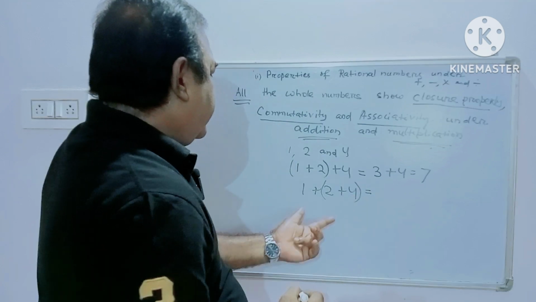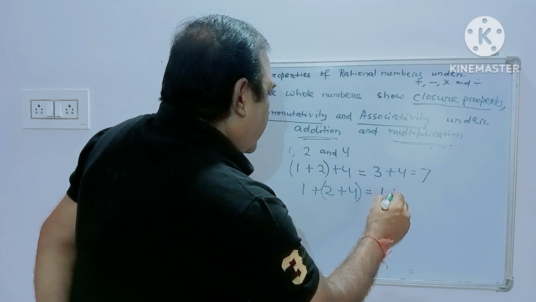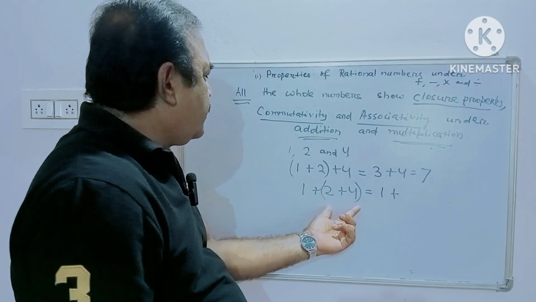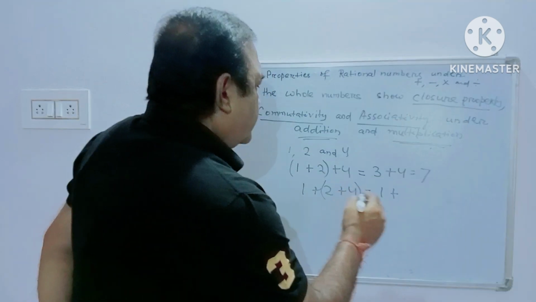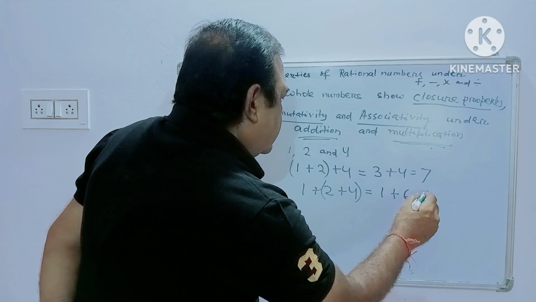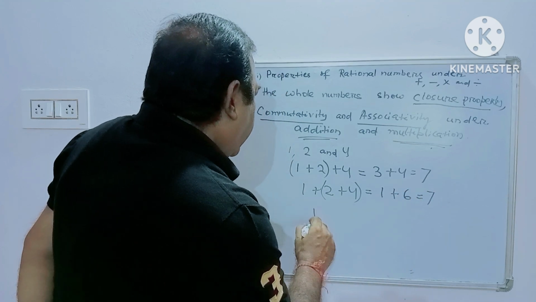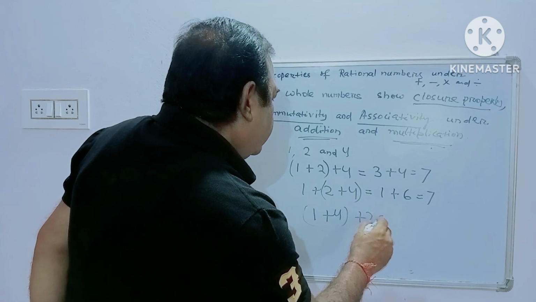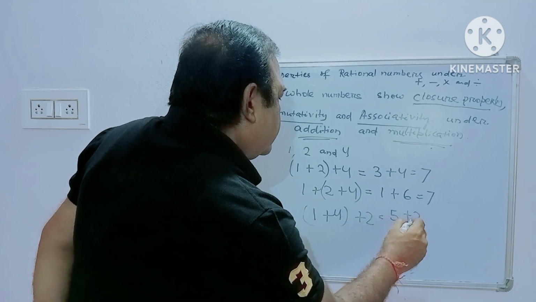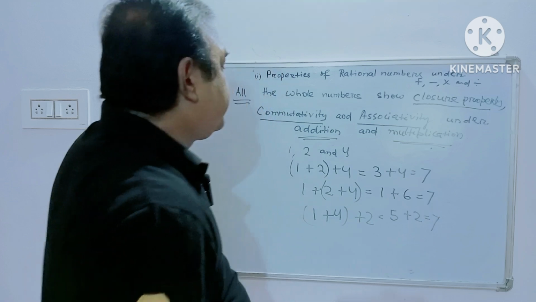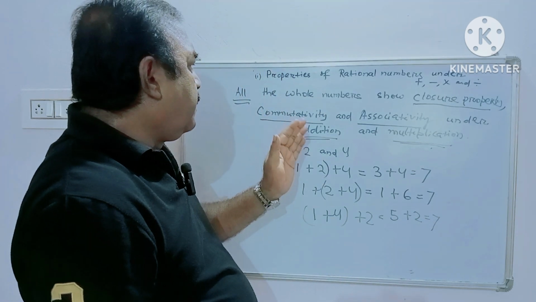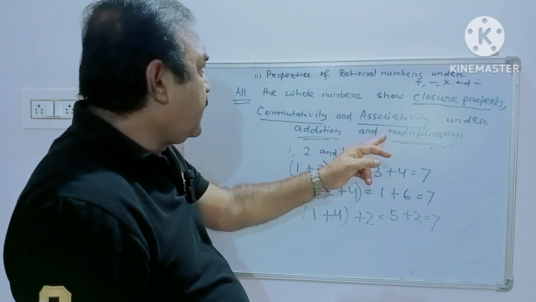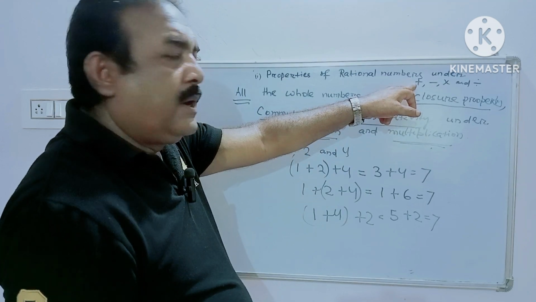Then 1 plus the bracket, 2 plus 4, that is equal to 6, so the total is 7. And if you write it the other way, that is also 7. So all the whole numbers show associativity property under addition.